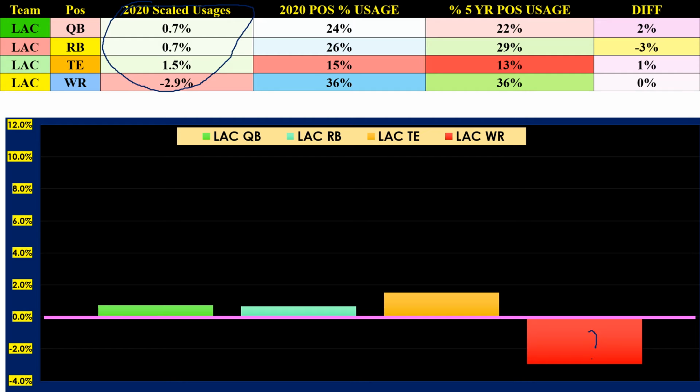What do we have there? This has concerns for depth at that position. Should you downgrade some of those? Everybody's talking up Mike Williams. I'm not biting. Part of it is this metric. There are other reasons, but this gives you a view.